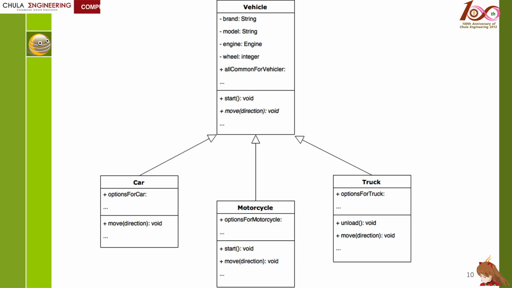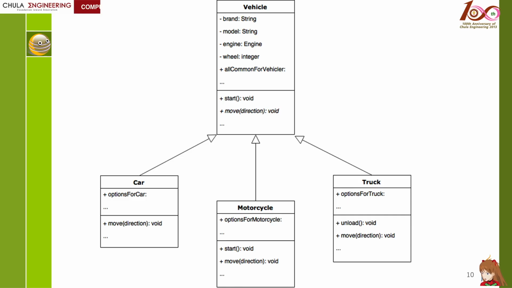And for the code that is different, I can create class car and just implement the part that differs, or the part that belongs to car only. And I can also create class for motorcycle and truck. Alright? And just add parts of the code that are specific to motorcycle and specific to truck.